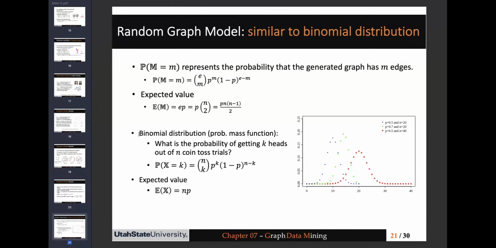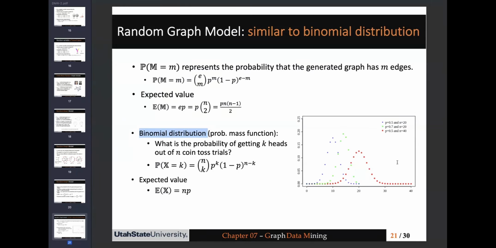Okay, so we already mentioned in the previous slide the binomial distribution, which is also the case of edge existence between 2 nodes, right? It's just like the coin toss example. And if you look at this particular figure on the right hand side, you should see the binomial distribution with different probabilities and n. And you should see that, well, with higher probabilities, of course, we should see a higher expected value, which is also the mean of the distribution in this case.